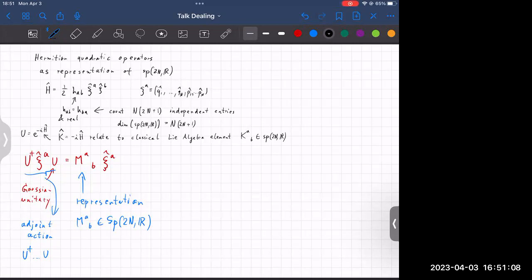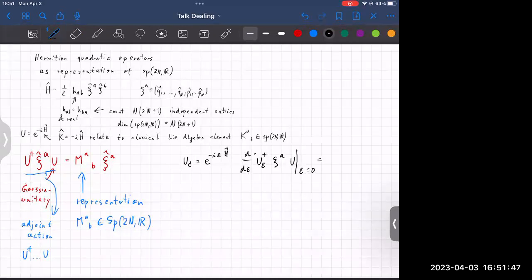For that, we say U of epsilon is equal to e to the minus i epsilon h, and then we take the derivative of U epsilon dagger psi A U epsilon in epsilon, evaluated at epsilon equal to 0.